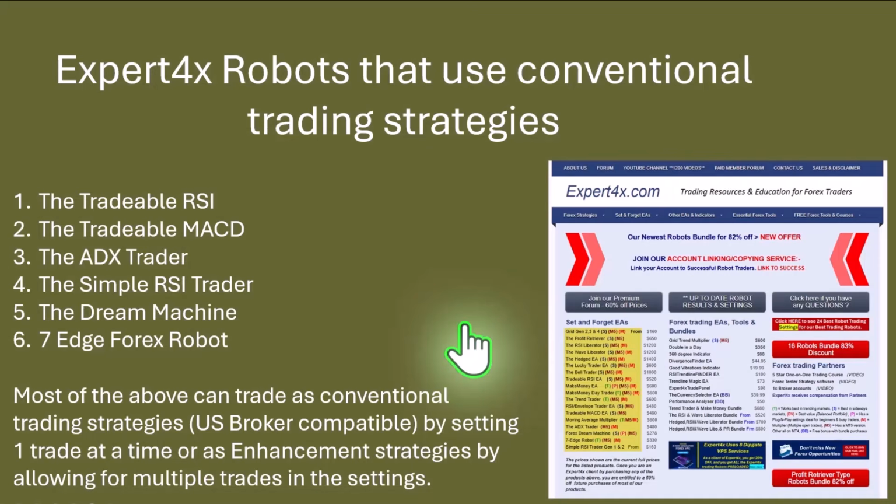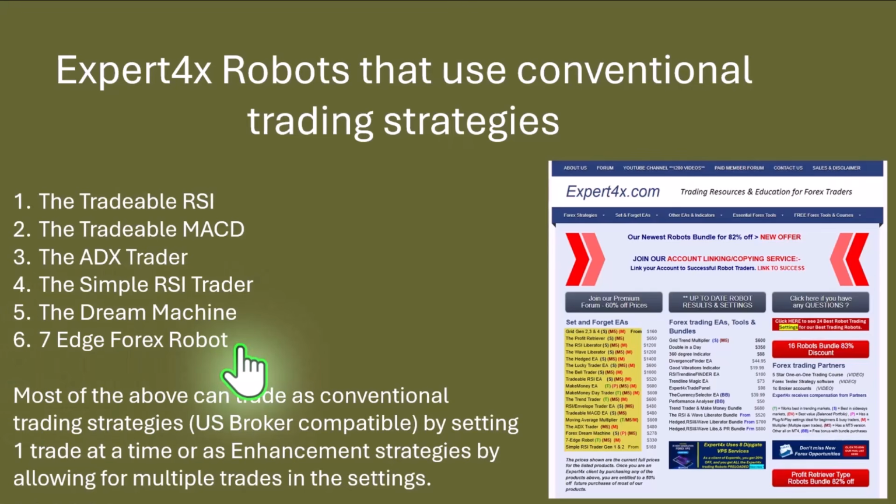So let's have a look at the robots that we have that use these strategies. So it's the Tradable RSI, the Tradable MACD, the ADX Trader, the Simple RSI Trader, the Dream Machine, and the Forex Robot. Now, those robots can in fact trade both ways.